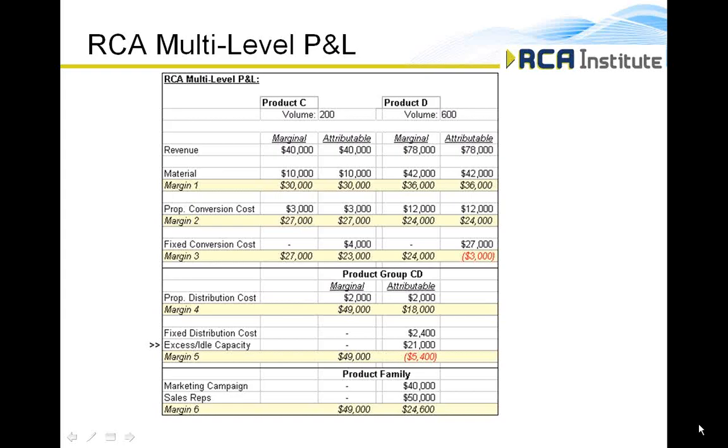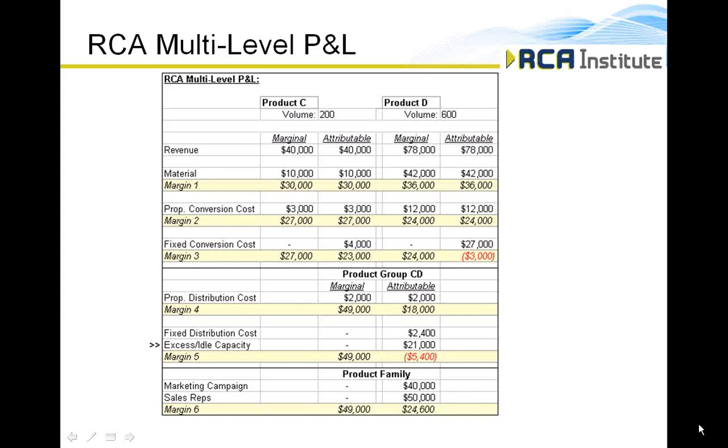The marginal cost column includes only those costs which are proportional. The attributable cost column includes fixed and proportional costs. Costs are included in margins at the level where they are avoidable. For example, the cost of resources needed for the distribution of products C and D are not causally assignable to either product, so they would be included in a product group cost.